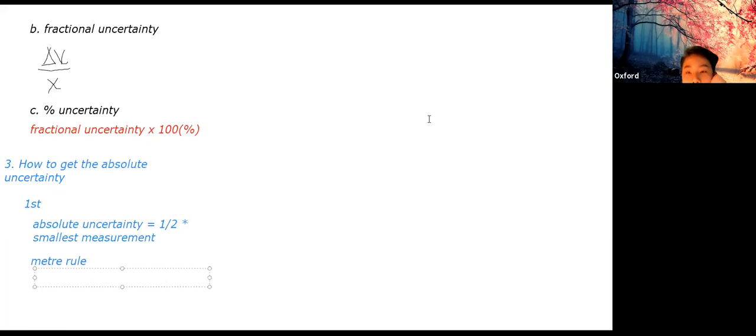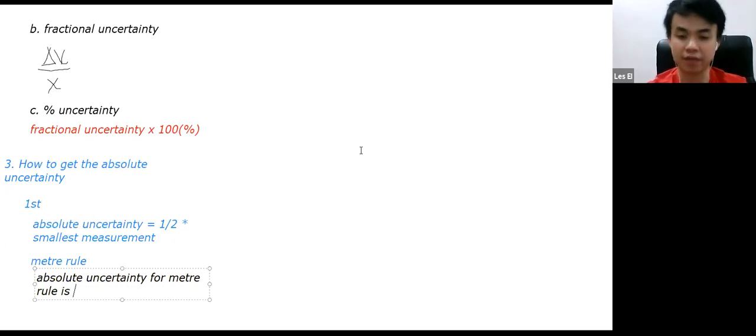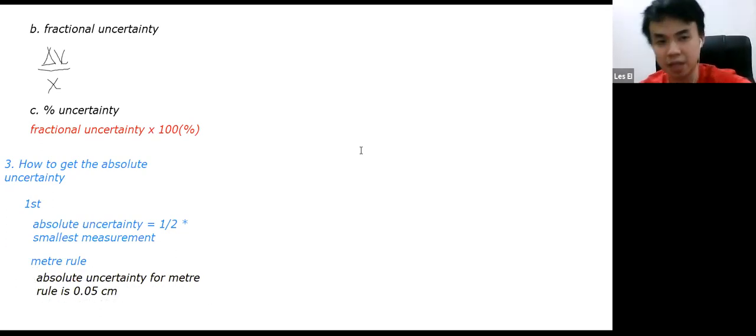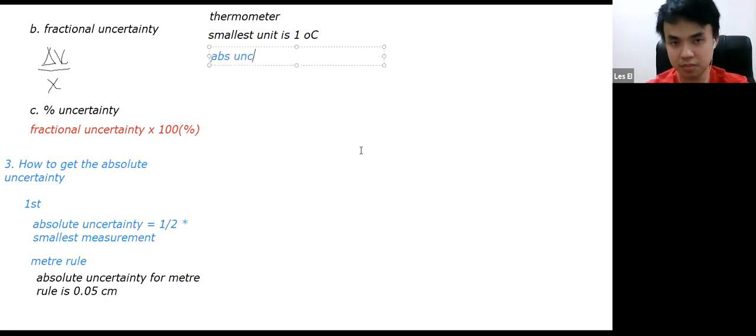So it means the absolute uncertainty for a meter rule is 0.05 centimeter. For example, your lab thermometer, the smallest unit is 1 degree Celsius. So the absolute uncertainty is 0.5 degrees Celsius.